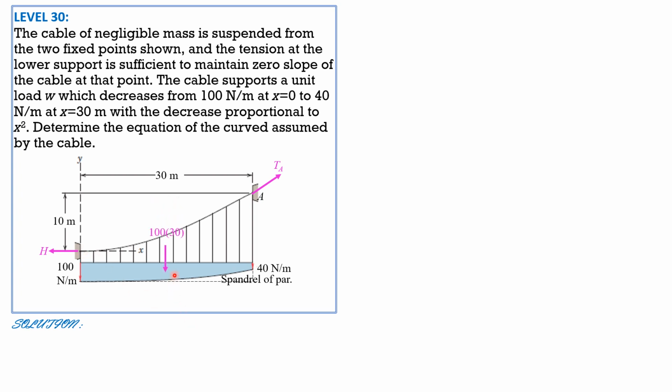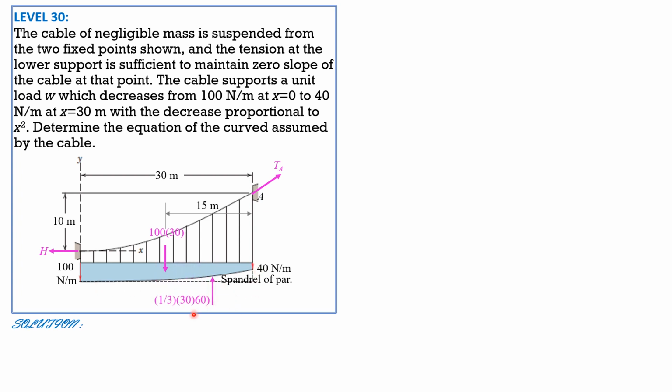Then the equivalent loading for the rectangle, I treat this as a whole rectangle. Area of rectangle is 100 newtons per meter, the uniform load, times 30. And its location from A is, of course, half of 30, 15 meters as shown. This is upward because we treat this as a whole rectangle. So it should be countered by this spandrel of parabola.